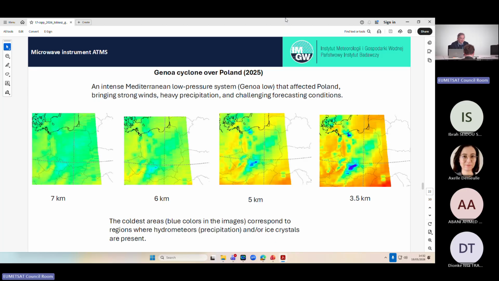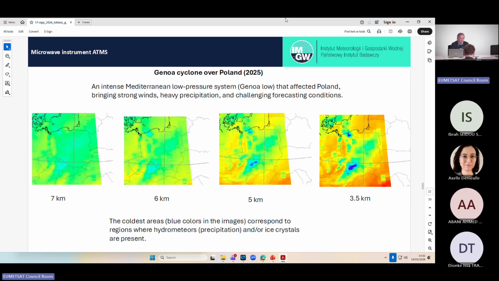Okay, and this is an example of how we can use this data from the microwave instrument. This is a cyclone which occurred in Poland in 2025.